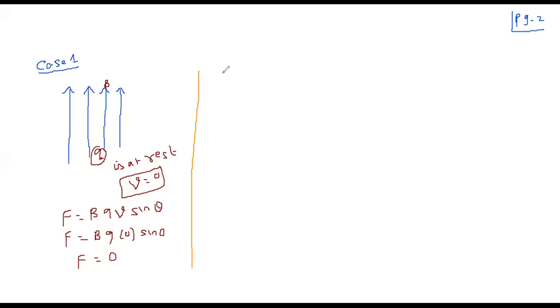Now case 2. It is a magnetic field, and charge Q is moving along the magnetic field with velocity V. So what is theta?